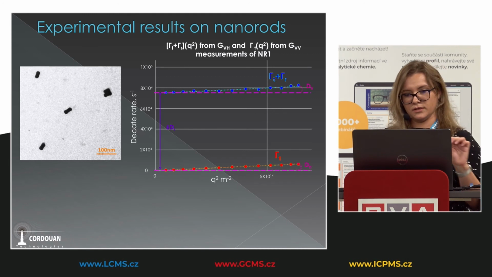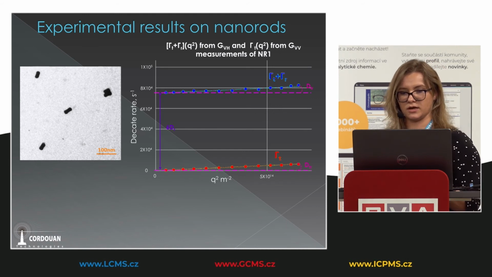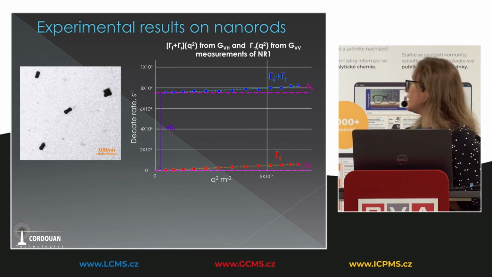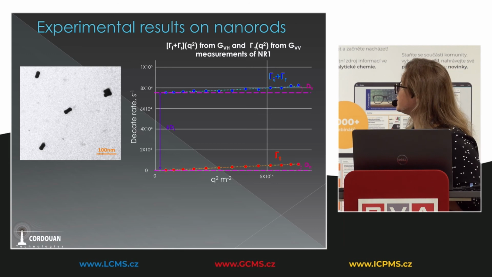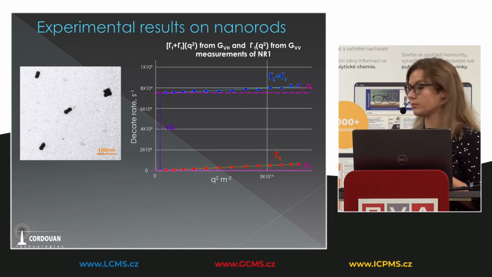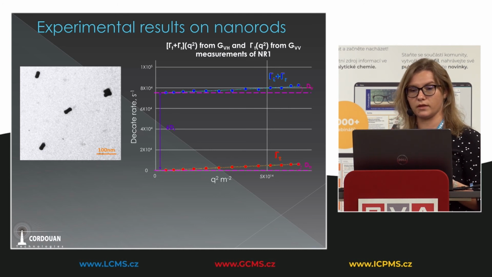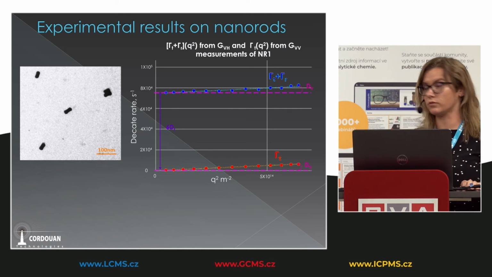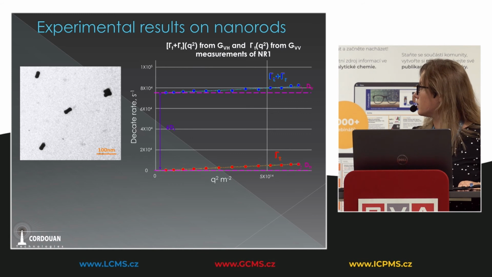And by plotting this autocorrelation function decay as a function of angle, we are able to build in the software this beautiful linear dependence, and to determine the lengths and the widths of the nanoparticles, which we did for the gold nanoparticle rods.